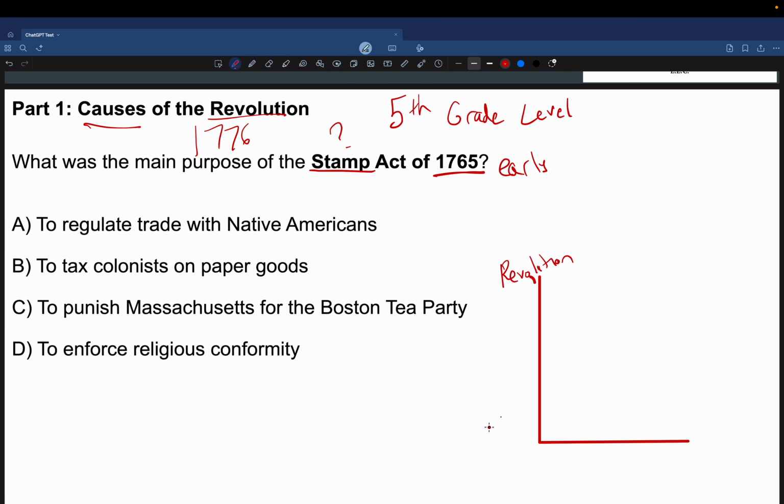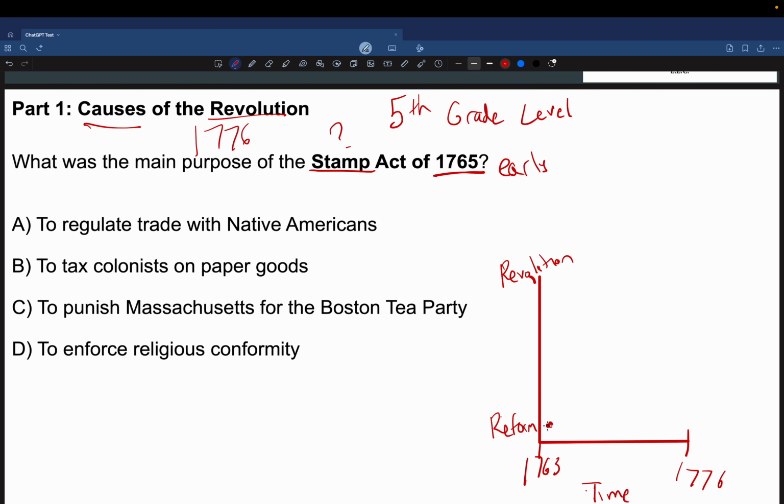Down here, I'm going to title it Reform. This is going to stand for time. And this is going to be 1776. This is going to be 1763. And this chart is going to explain the American Revolution.